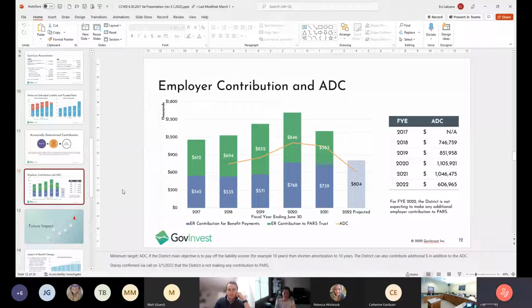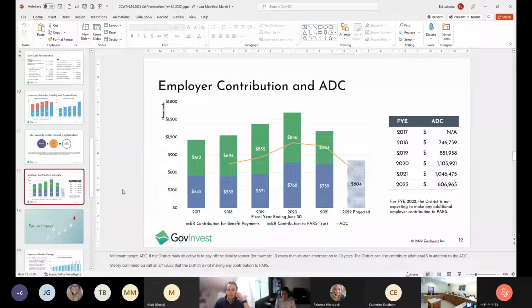Over the years, you have actually contributed more than what the ADC suggested, and that helps improve your funded ratio quite a bit, because any additional dollar that you contribute to the trust will earn investment income, and it essentially helps you.